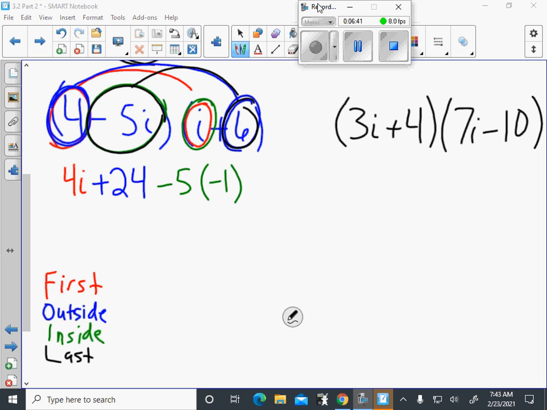Multiply those together. Negative 5i times 6, that's like saying negative 30i. Okay, now simplify. And we are left with, I'm going to combine like terms. What are my like terms? Well, we have this 4i here and negative 30i. So that would be what? Negative 26i.